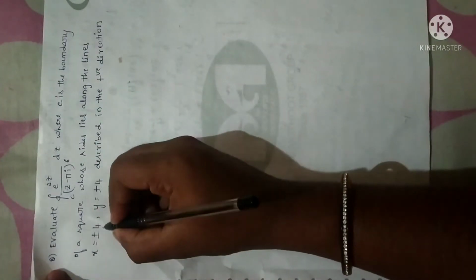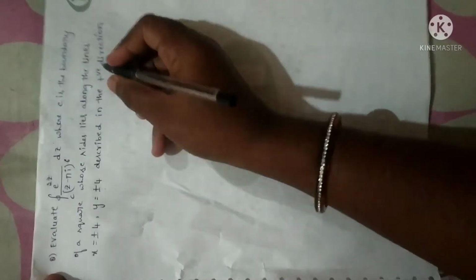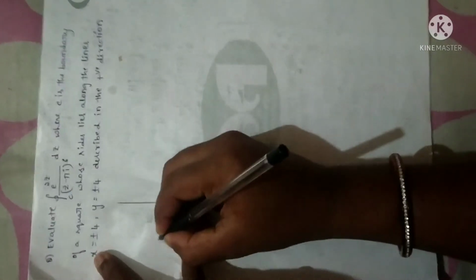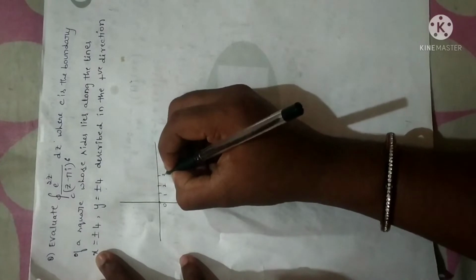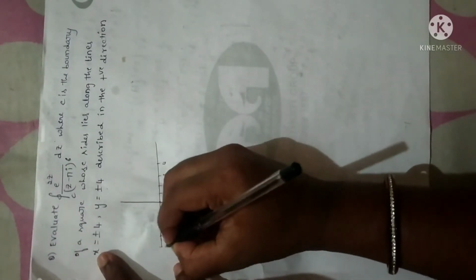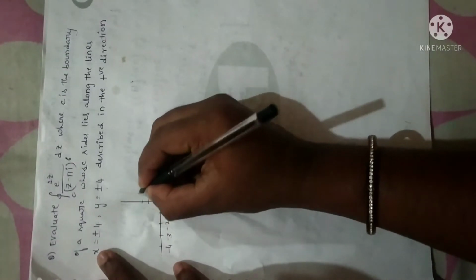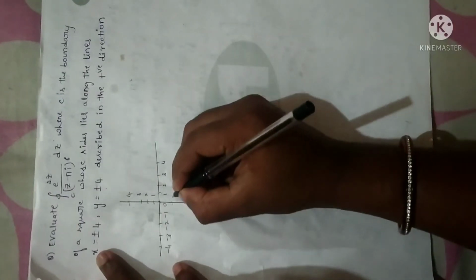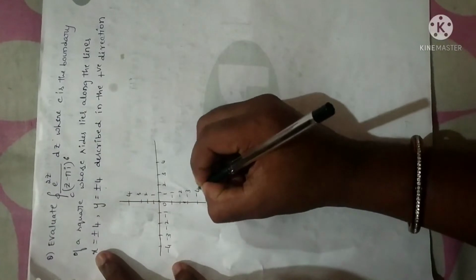Now, the curve is the boundary of a square whose sides lie along the lines x is equal to plus or minus 4 and y is equal to plus or minus 4, described in a positive direction. In the sense, the curve is given as, let me take the axes: 1, 2, 3, 4, minus 1, minus 2, minus 3, minus 4. So y will be positive here, 1, 2, 3, 4, and negative here, minus 1, minus 2, minus 3, minus 4.